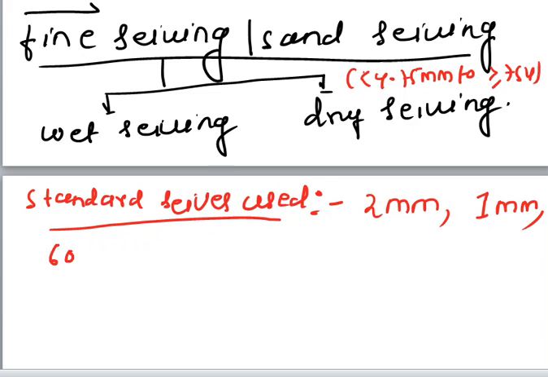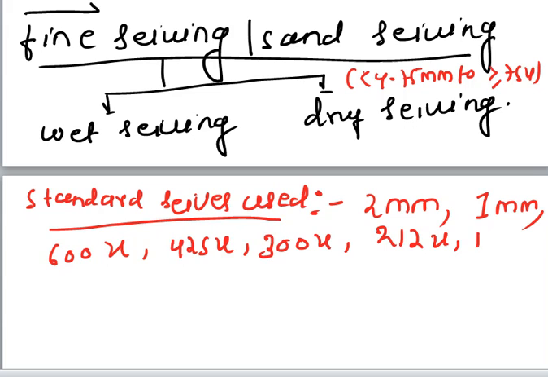So 2 mm, then 1 mm, then 600 micron, 425 micron, 300 micron, 212 micron, 150 micron and 75 micron. Notice this is the 75 micron sieve which we use for sand itself.